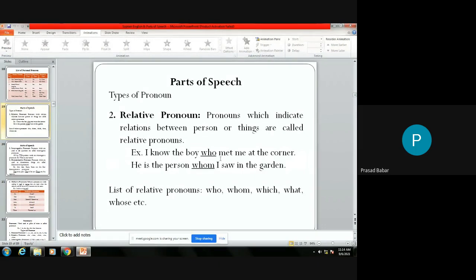Here, whom is a WH word which is used as a relative pronoun which shows a relation of that person with the speaker. Okay, the speaker knows that person and has seen that person in the garden. That is why he is telling that he is a person whom I saw in the garden.